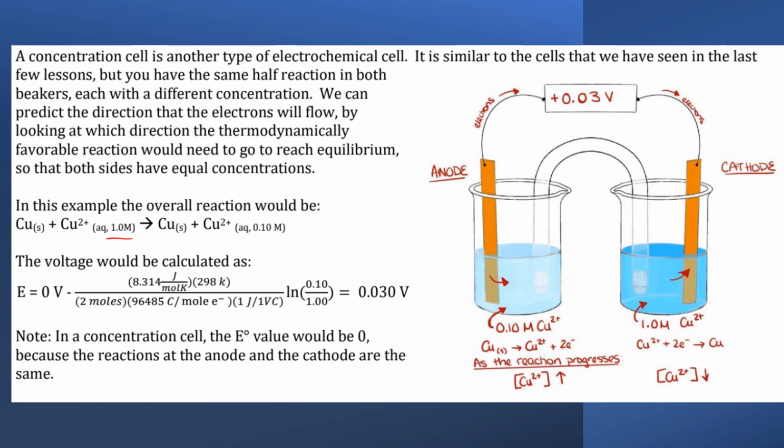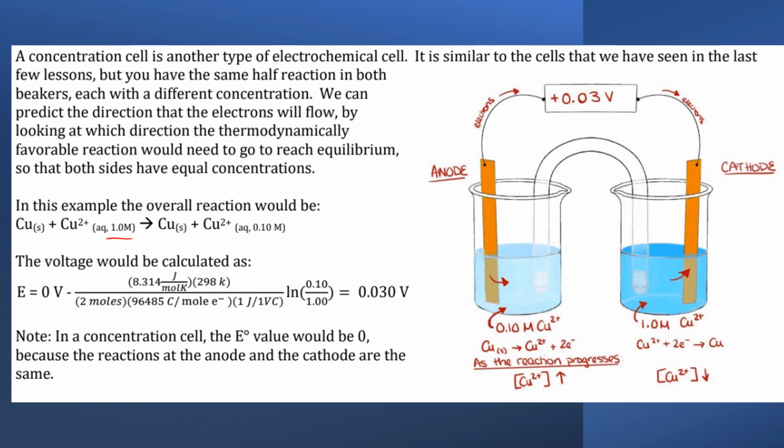Because it's the same thing on both sides, the E0 is 0. Then you would plug in the rest: RT, so 8.314 times 298, divided by 2 moles being transferred, times Faraday's constant, and all that times your natural log.